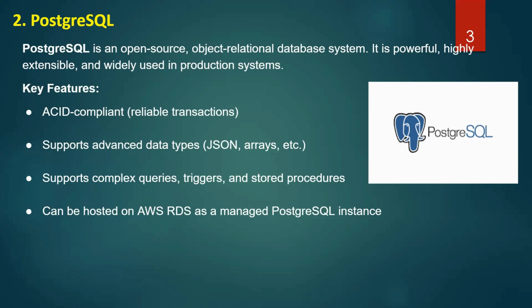Now I'm going to show you how we create a database in Amazon Relational Database Service, and how we establish a connection between the relational database in AWS and PostgreSQL. So I'm going to start now.